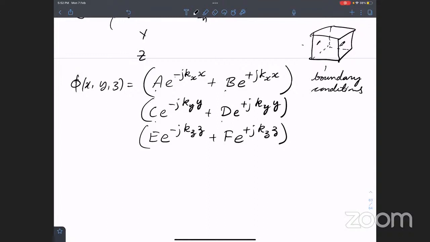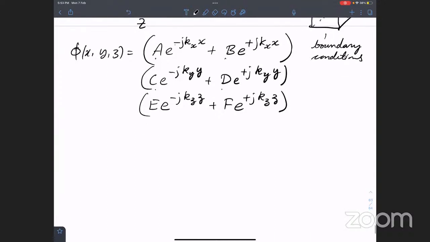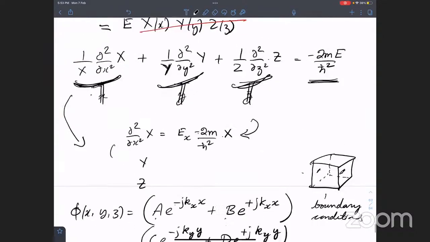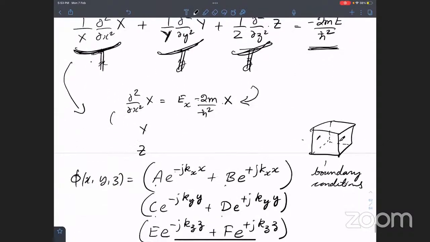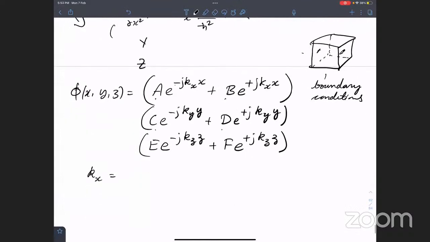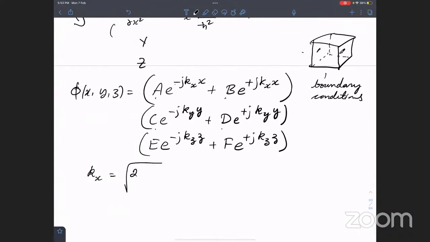What has happened? I'm simply getting now a product of 3 solutions because they're independent in x, y, z. That's all I'm getting. Nothing confusing. But there is a caveat here, right? What is kx? kx is root of 2m Ex divided by h bar square.